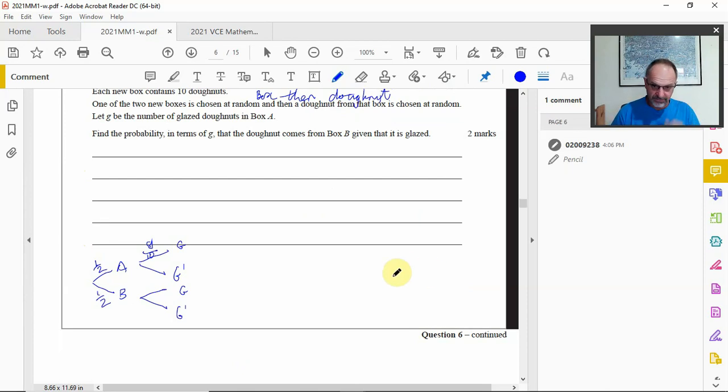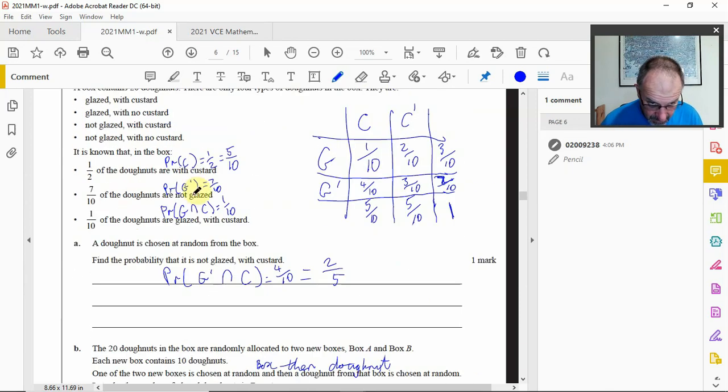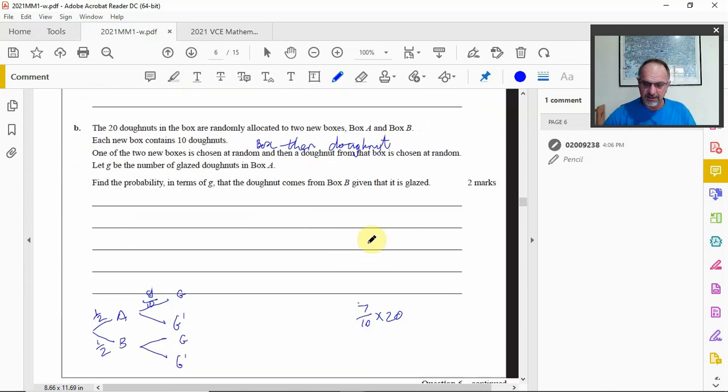Sorry, I got that wrong. Not glazed is 7/10, so glazed is 3/10. So 3/10 of the 20 donuts are glazed. So there's 6 glazed donuts in the 20.